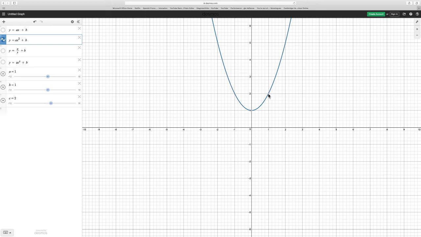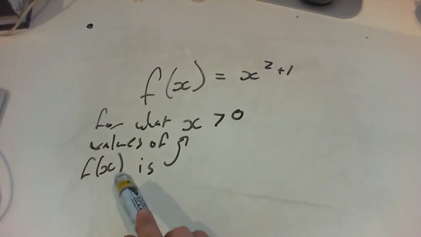And in this case, for the output 2, y equals 2, there are 2 inputs. It can be -1 or it can be 1, which gives us the output 2. And that's what I said about the functions having one unique output per input, but not one unique input per output.